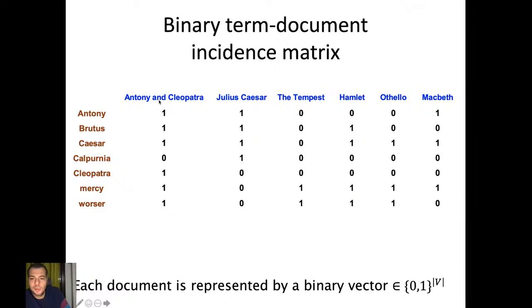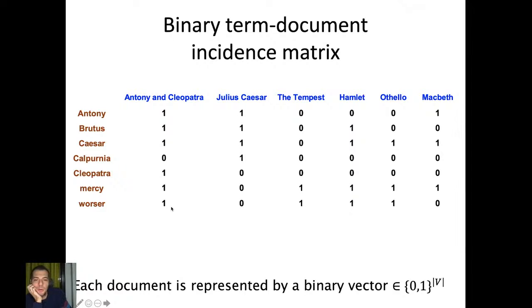So each play is represented by occurrence counts of how many times each word appears. One approach is to use the occurrence counts, the histogram, and another approach is to use a binary vector, so just see if this word appears in the document or not.